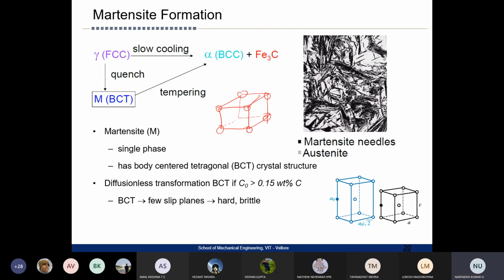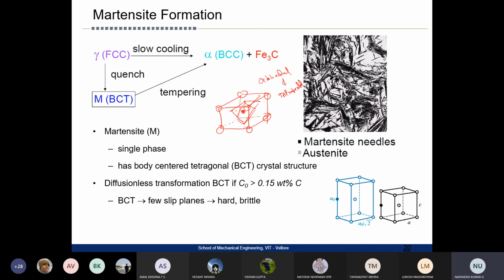If you see these interstitial sites, they will be at the center point. Again, octahedral site. So these points, edges, I'll connect. So these octahedral sites will be interstitial sites. So you have both octahedral and tetrahedral sites.